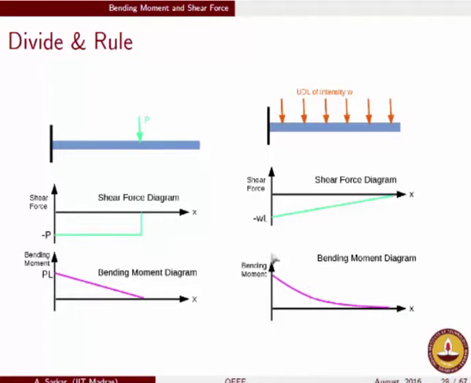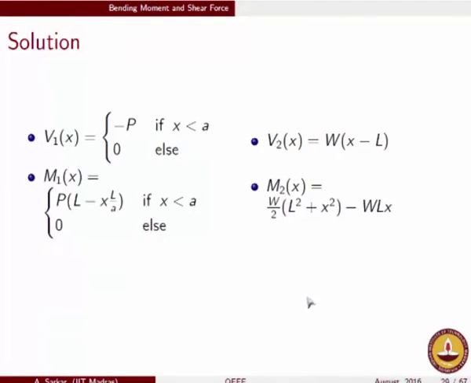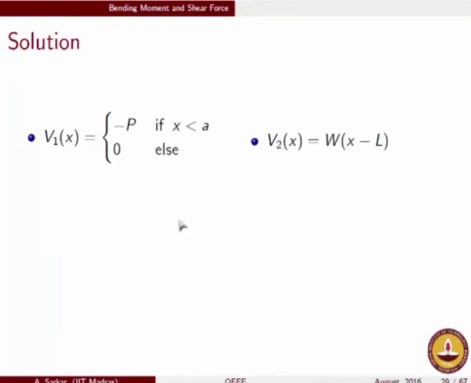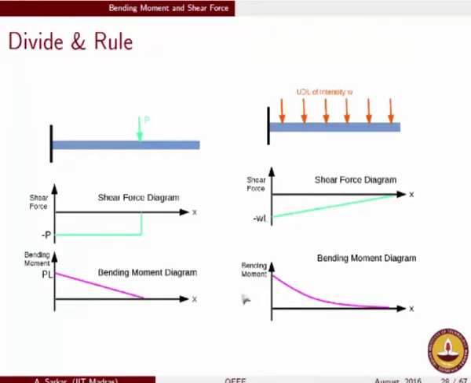It is difficult to have an intuitive feel for this sort of loading, but if you have to truly draw that bending moment diagram, you can always appeal to these equations. These equations are basically the formal equations which, when plotted, would result in these two diagrams for bending moment.